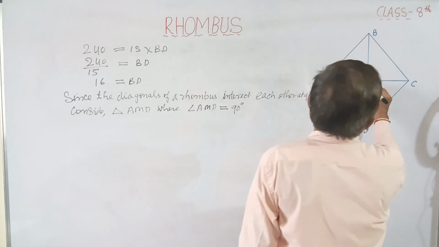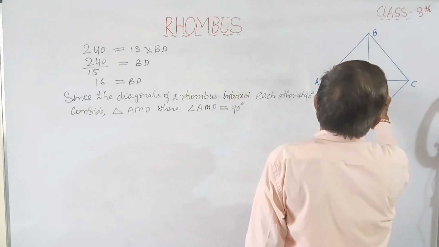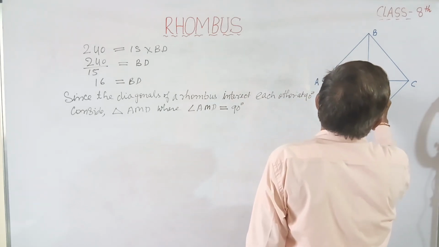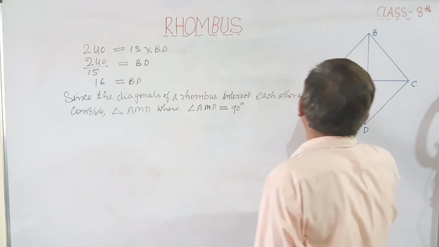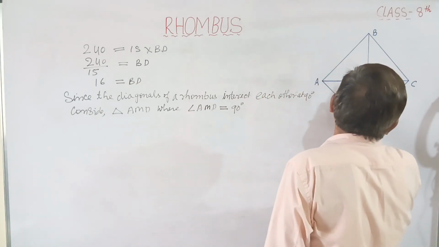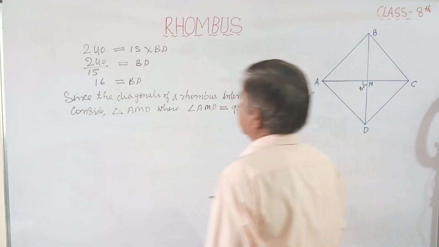So this angle becomes 90 degree. So we will use the Pythagoras theorem. So we must know the AM and DM.